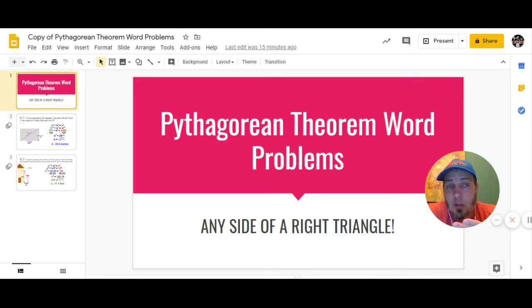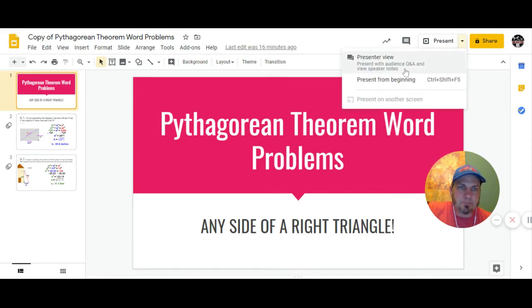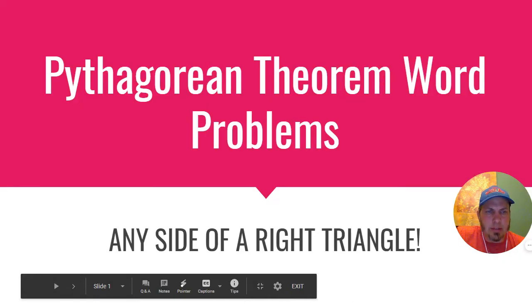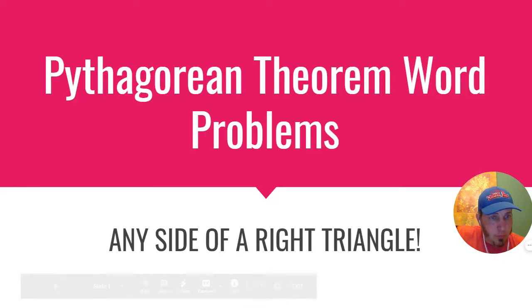Okay? So that being said, let me talk to you about the Pythagorean theorem word problems. Similar to what you did on Monday, we're going to put words in it. I like to say that people who don't like math really don't like the word problems.